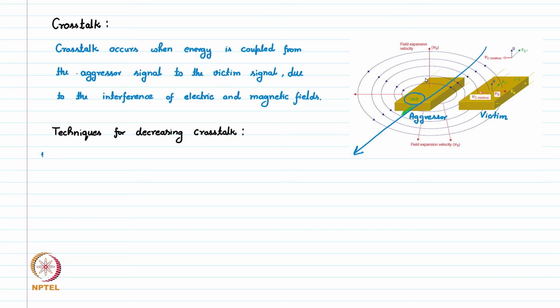So the very first intuitive solution for reducing crosstalk is we increase the distance between these two tracks.